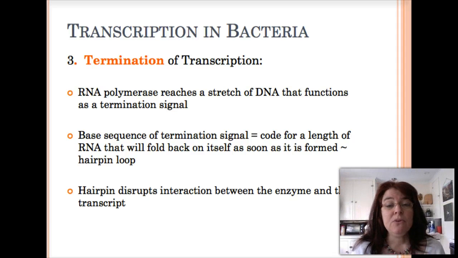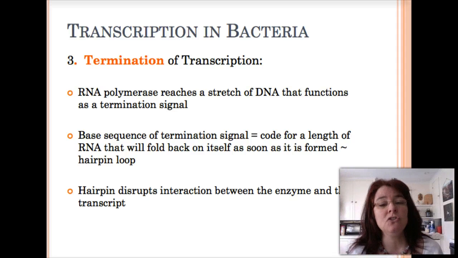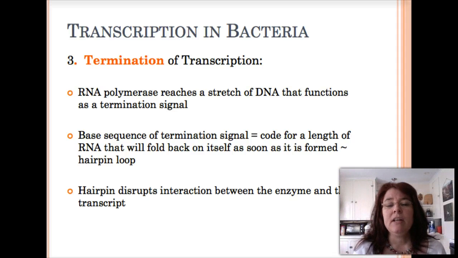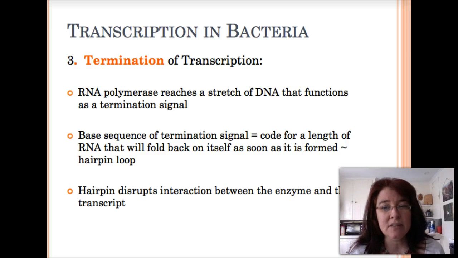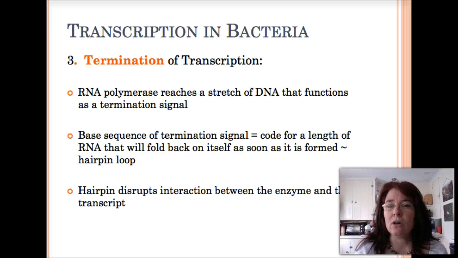When the RNA polymerase gets to the end of the DNA template strand, it's time for the third phase of transcription, which is called termination. The RNA polymerase is eventually going to hit a stretch of DNA that functions as a termination signal. And this is the way it works.